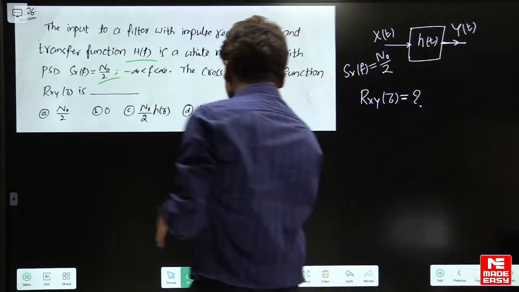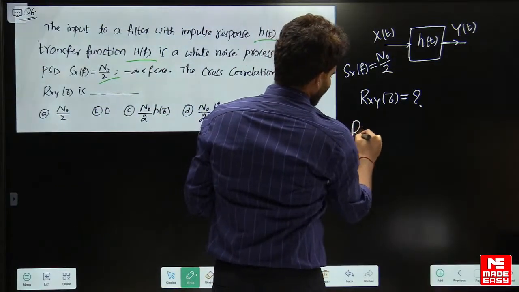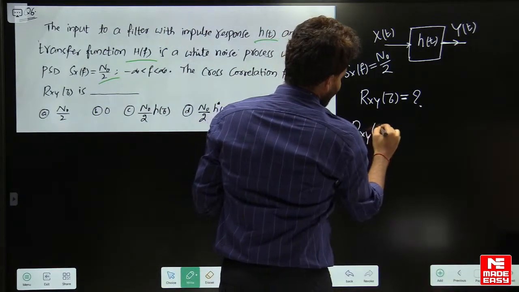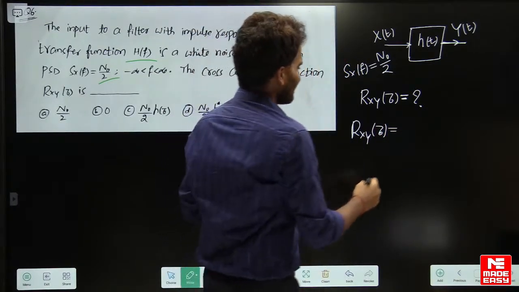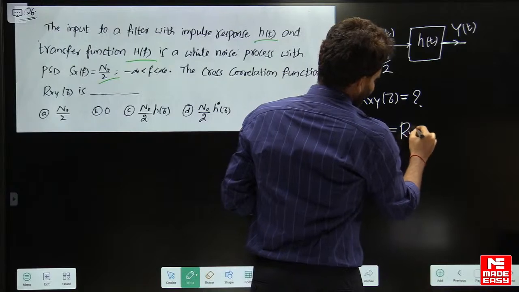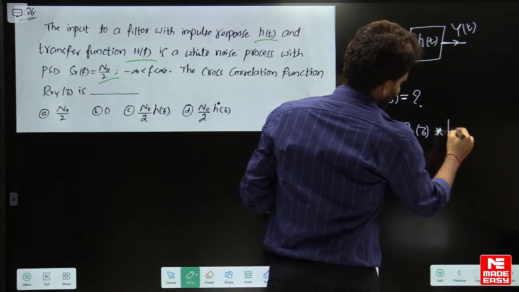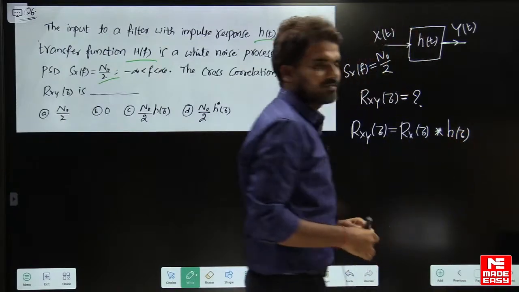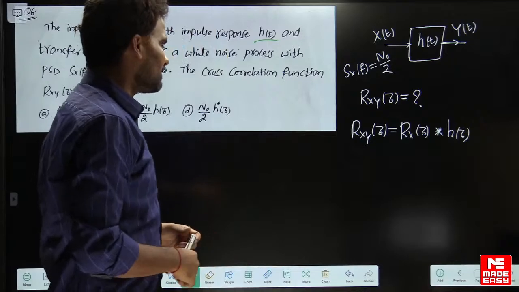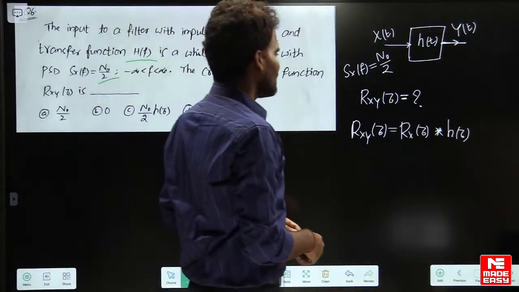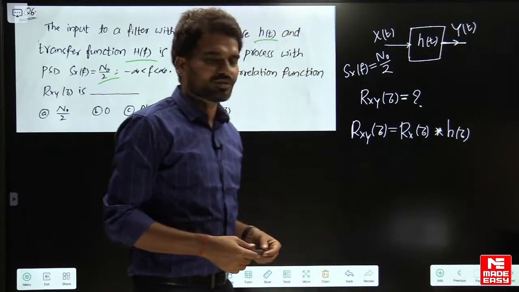Let me do this. The cross correlation function Rxy tau is equal to Rx tau convolved with H tau. This is a very well known relation, and we already derived this in the classroom.